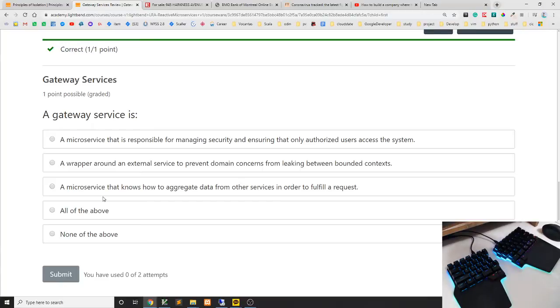No. A wrapper around an external service to prevent domain concerns from leaking between bounded contexts? No. A microservice that knows how to aggregate data from other services in order to fulfill a request. That should be the answer.